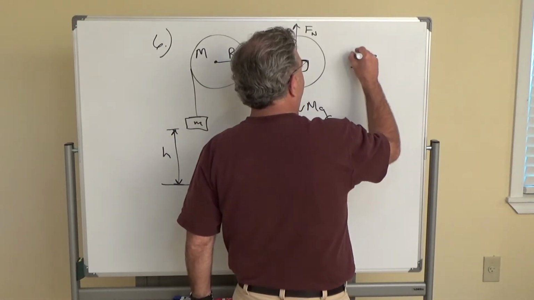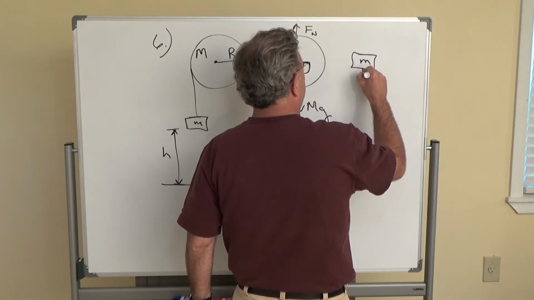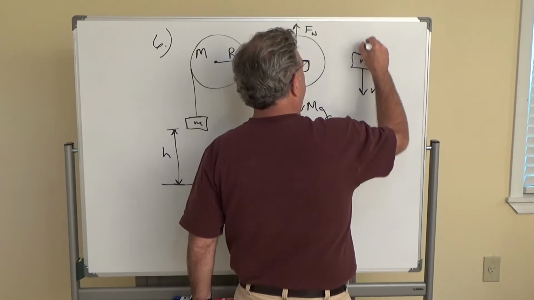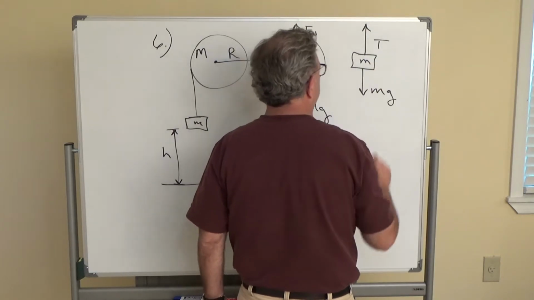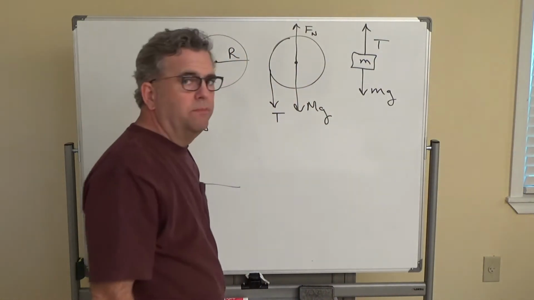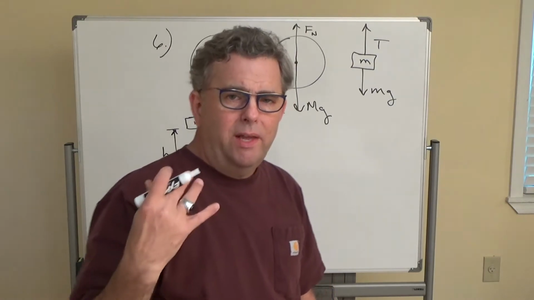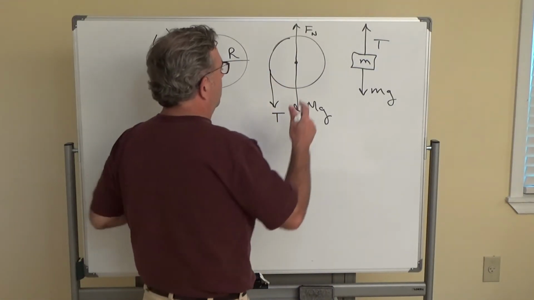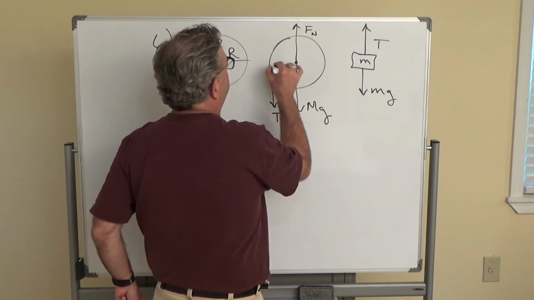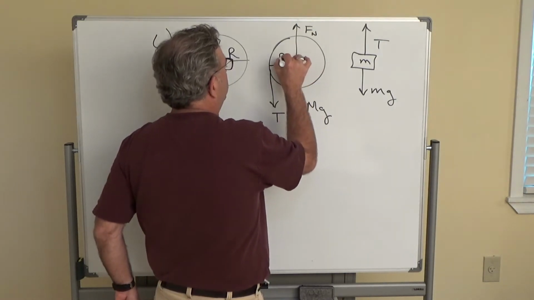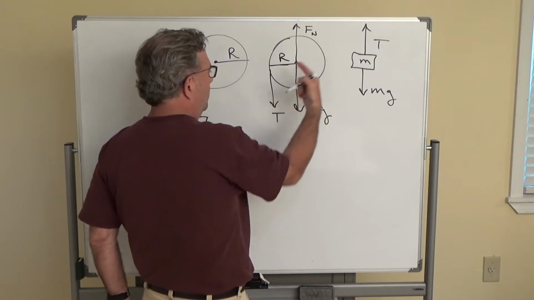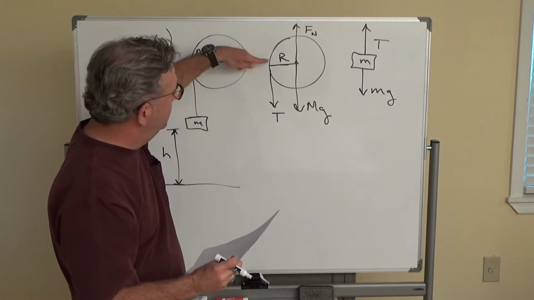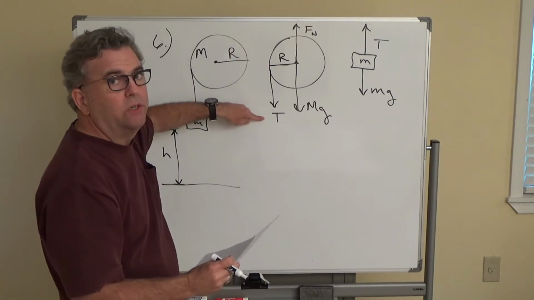For the hanging mass, little m, just like always, you have mg and then tension in this direction. So that tension force is producing a counterclockwise torque. This is that distance r, that would be our little vector. This angle is 90 degrees, it's coming right off the edge here.